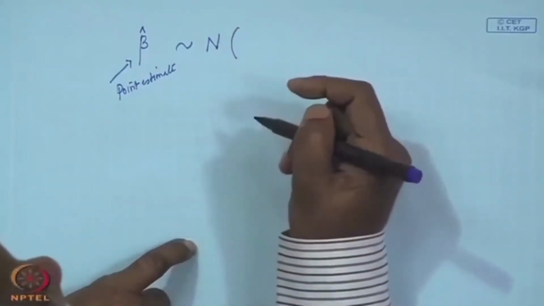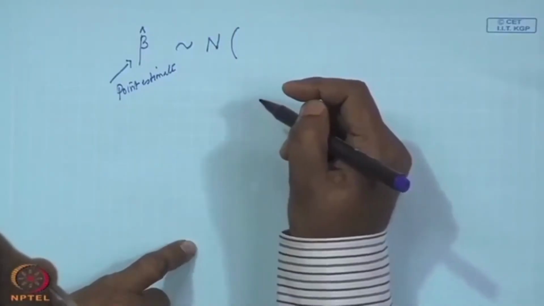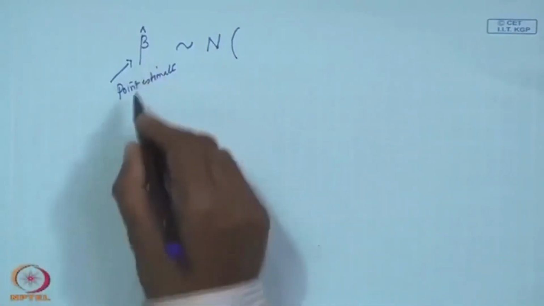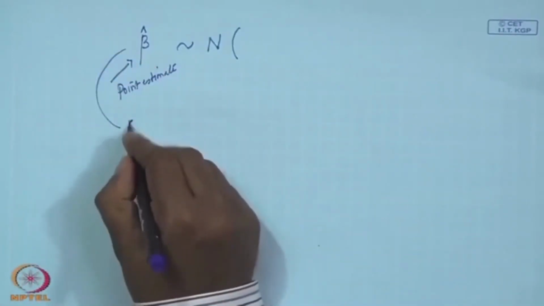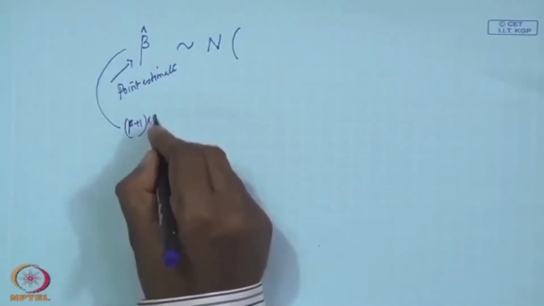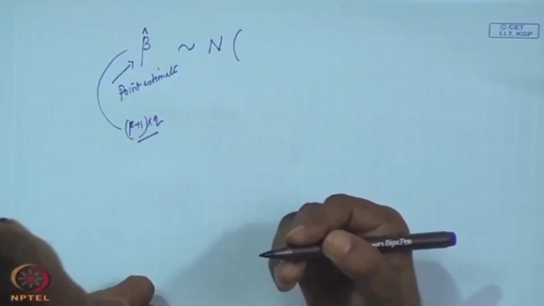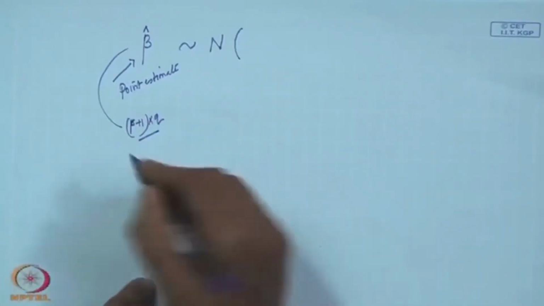What type, multiple or multivariate? What is this beta cap? It is n cross p plus 1 cross q, the multivariate case.